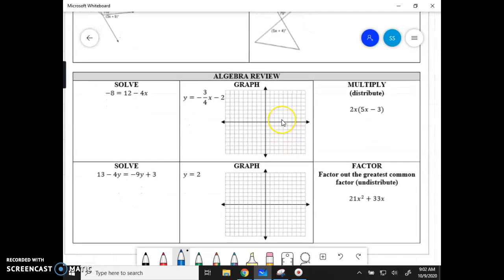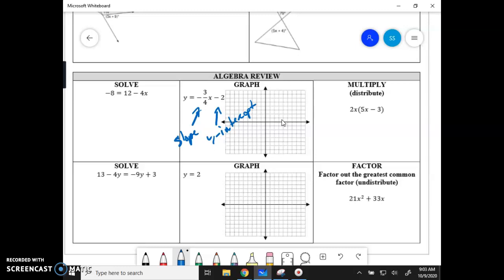Look at these algebra skills review. Looks like these are just solving equations. The first couple, graphing these lines out. We haven't really gotten to, oh yeah, we have. Let's go ahead and plot this. We've got the slope is here, and the y-intercept is right there.